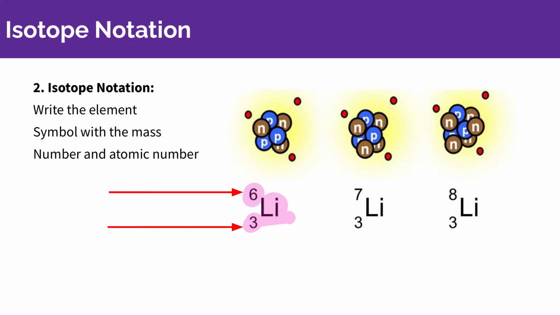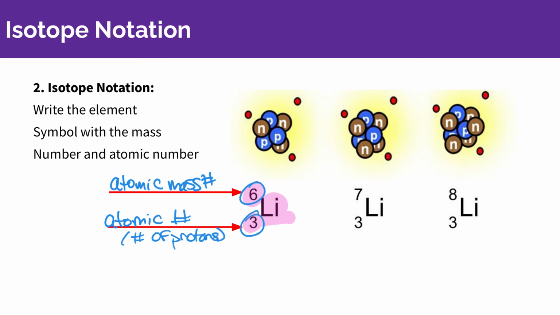The atomic mass number is written on top, and it's the larger number, and the atomic number is on the bottom, which is the smaller number. If you notice, all 3 of these isotopes have the same atomic number because they're all still lithium, but what changes is the atomic mass number.